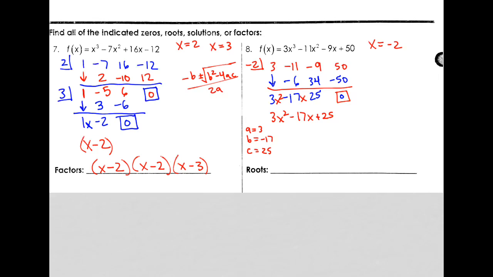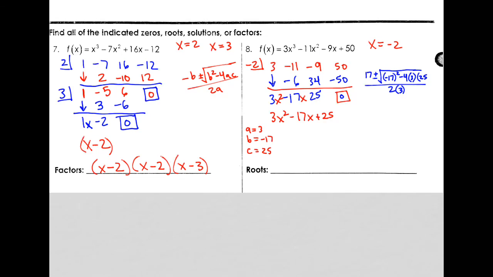So let's start plugging in. Opposite of b is 17 plus or minus square root of b, so negative 17 squared minus 4. A is 3. C is 25. All over 2a, which is 3.